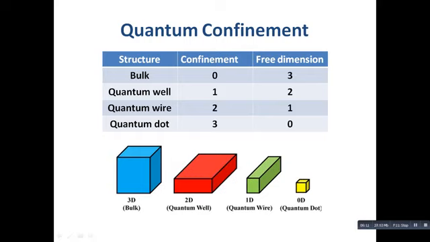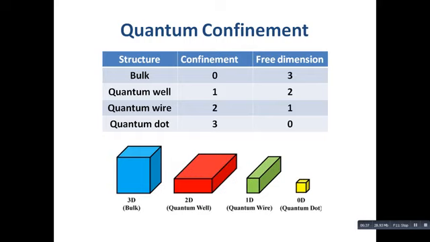Now let us look at this green structure. Such structures are called quantum wires. In quantum wires the confinement dimension is 2, but the free dimension is 1. Here you can see along this height and along this breadth the particle is confined to move, but along this length the particle is free to move.